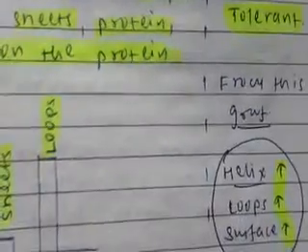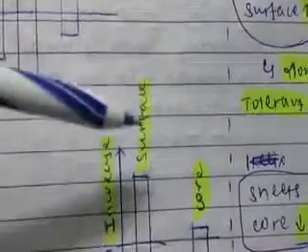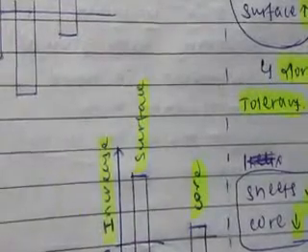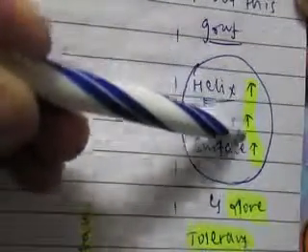So from this graph we can see that helix, loops, as well as, from the second graph, protein surface, these three forms of protein amino acids all show an increasing sign in terms of stability.